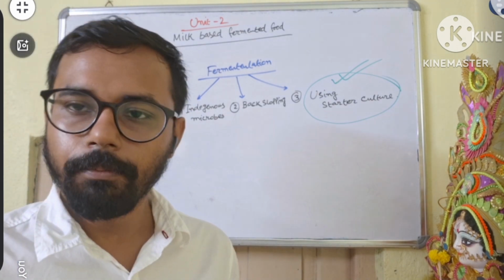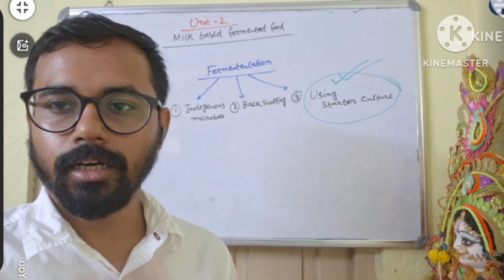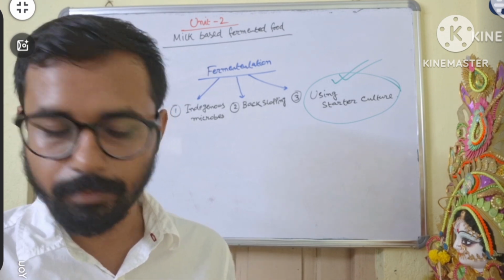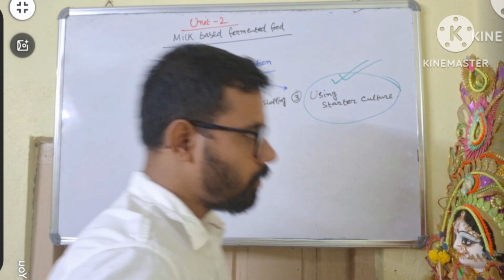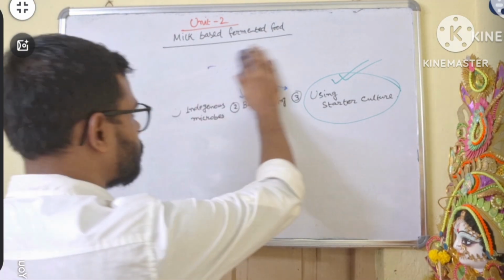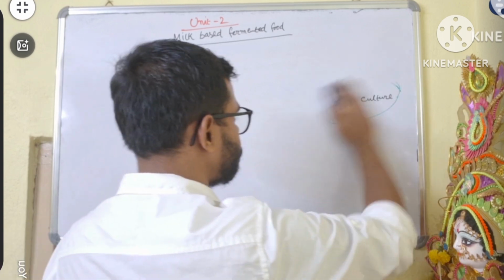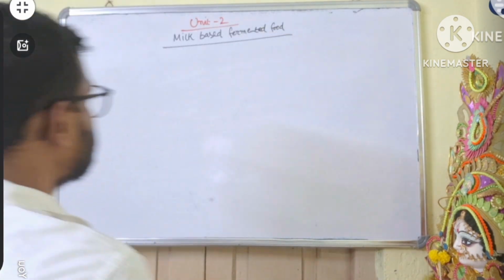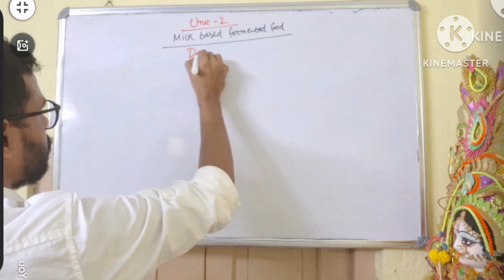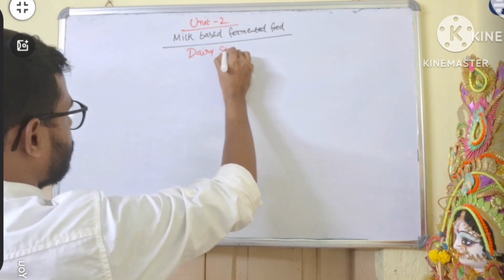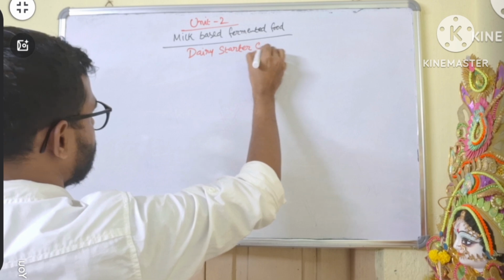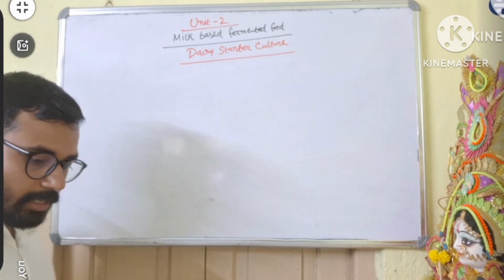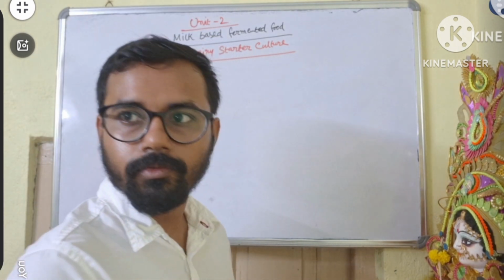We can use starter culture in any type of fermentation: milk-based, vegetable-based, any kind of fermentation. But in this class we are discussing dairy starter culture because Unit 2 is totally based on milk-based products, so we use dairy starter culture for the formation of milk-based fermented food products.